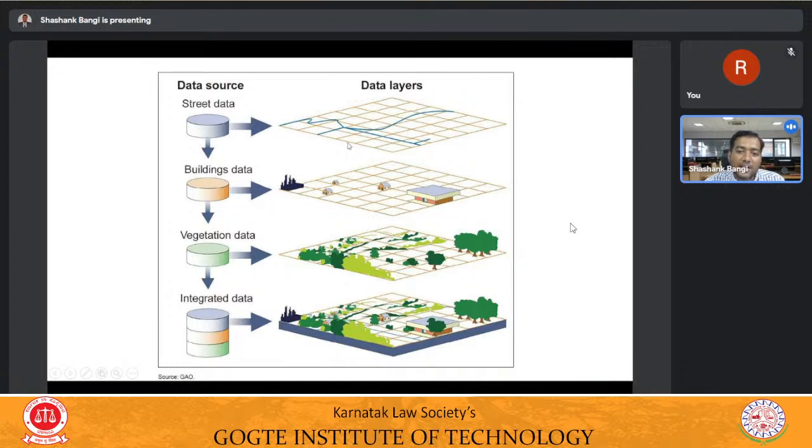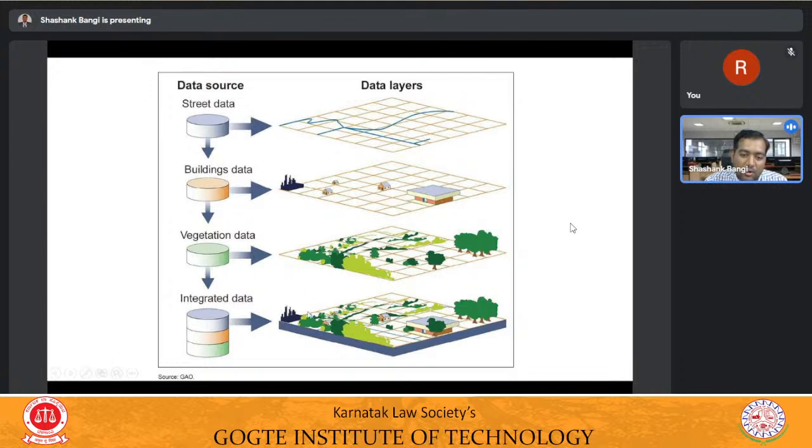Sometimes we get some data related to the water from the hydrological department, data related to the buildings from the municipalities, and data related to the forest from the forest department. So we can take the different sources of data, combine them and create a real world representation, and also we can find the relation between one feature and another feature.